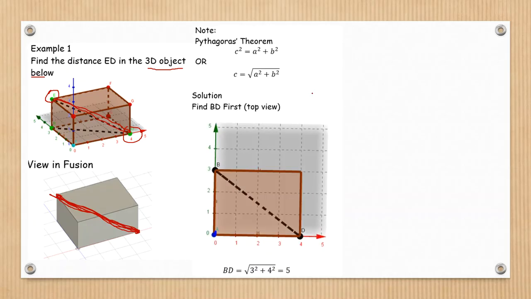So first of all, we need to use Pythagoras' theorem. So we've got a distance of 3 here and a distance of 4. So the square root of 3 squared plus 4 squared, which gives us 5. This distance here is 5.